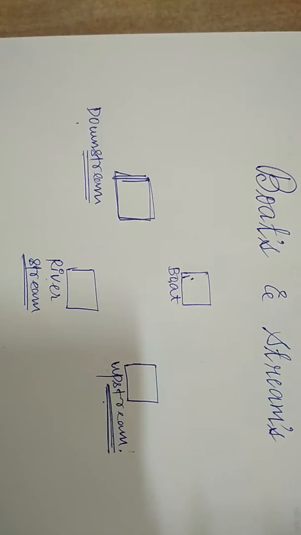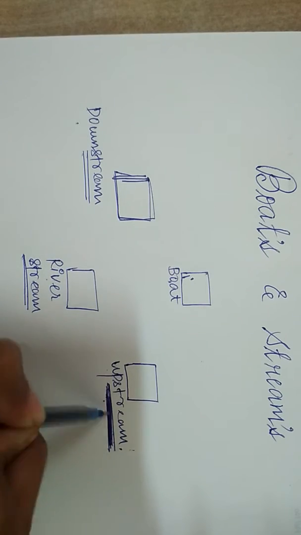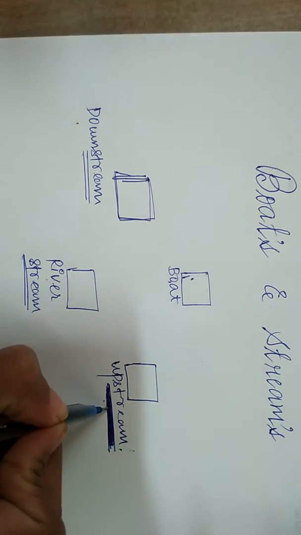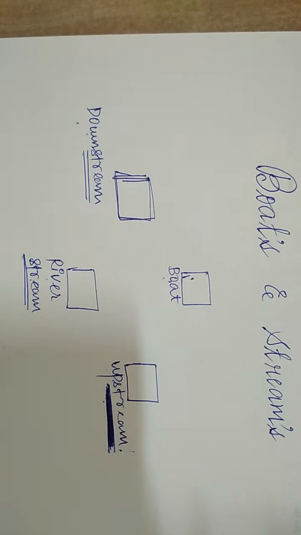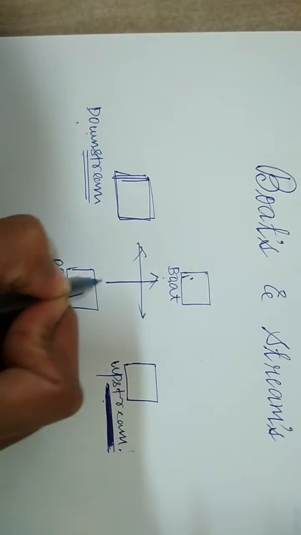I have remembered with this trick too. Up is at right, because this is the right part of our body which works a lot and lets yourself move upward. So this is up. Obviously the opposite one would be down. Boat is at the top and the river is obviously at the bottom. In this way these 4 boxes are to be remembered.